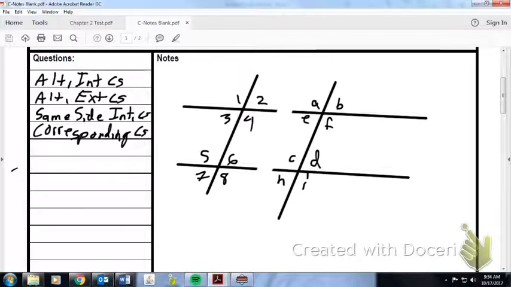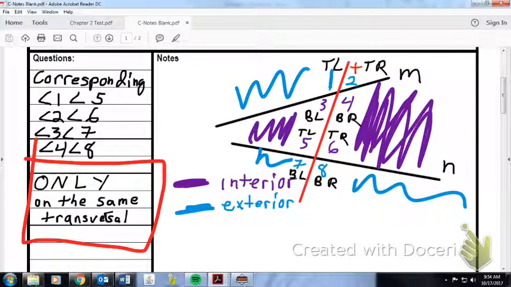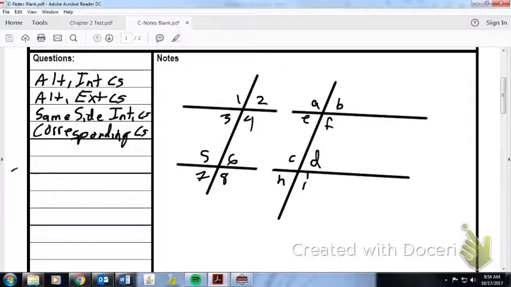So, a little bit of a trick question. There is no relationship between 1 and C. Remember back here where I said only on the same transversal? Well, if we look back here, 1 and C do not share any lines. Even if these 2 lines were continued right there, notice that the 2 lines for number 1 are here and here, transversal there.